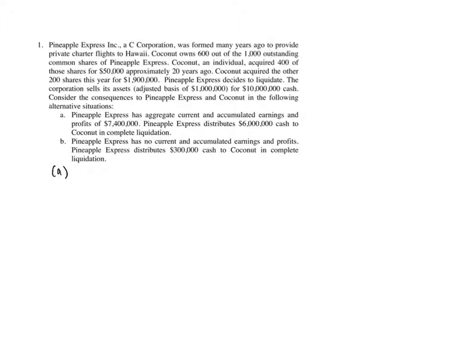Module 8, distribution or redemption. And Module 9, liquidation. Now notice in this problem, we're told that the corporation distributes money to Coconut. But remember I told you that you're going to have liquidating distributions and non-liquidating distributions. Non-liquidating distributions are Module 8. Liquidating distributions are Module 9.